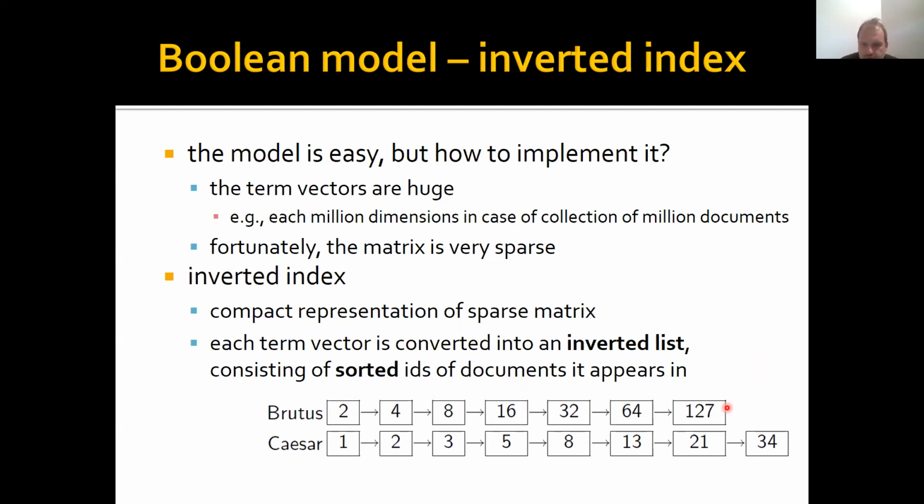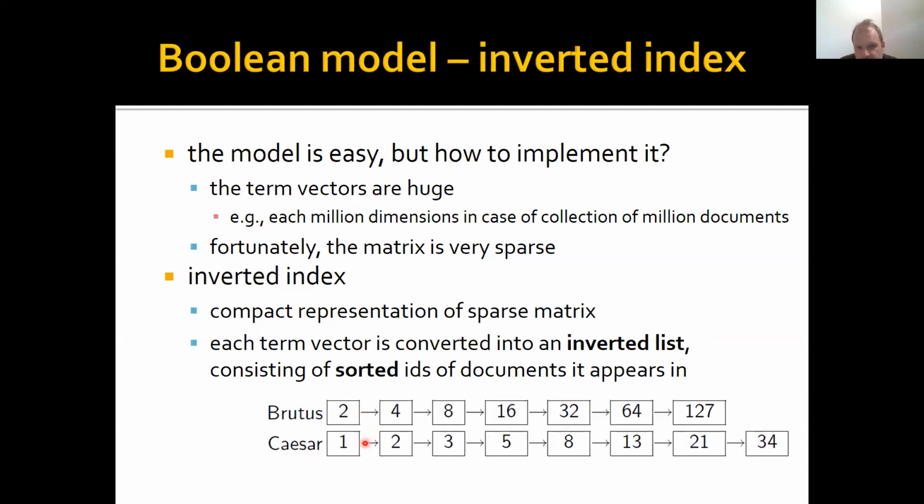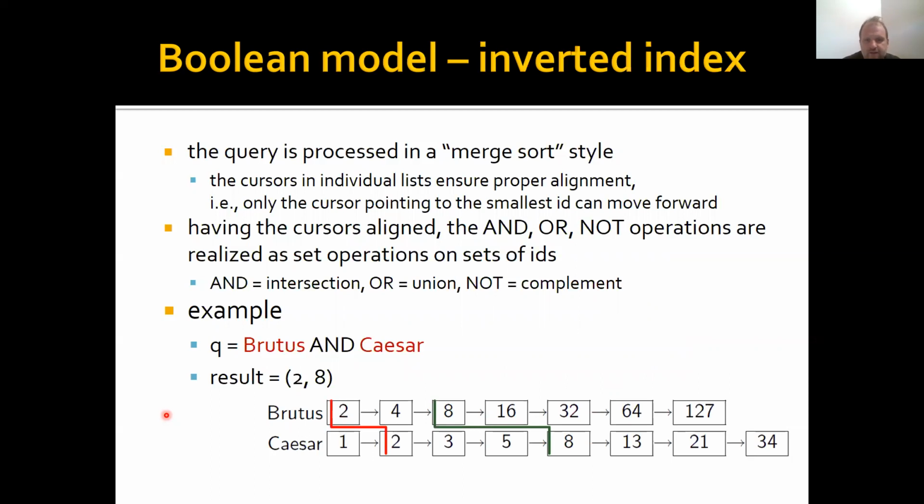Now, because we don't have nice bit strings, we cannot really do bit operations when evaluating the query, but we must work with the inverted lists. Because we need to implement the bit operations on inverted lists, it will be done using a sort of merge sort style, traversing the sorted lists.